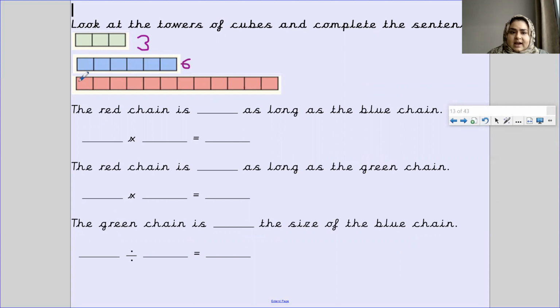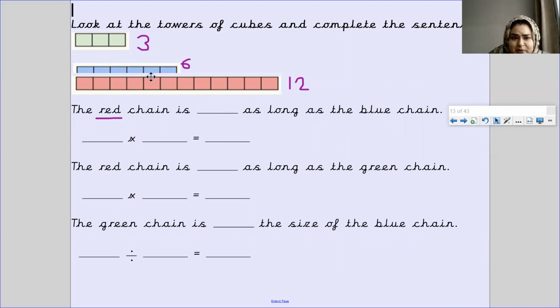The red tower has 1, 2, 3, 4, 5, 6, 7, 8, 9, 10, 11, 12 cubes. This is just to help you see how many cubes are in each. It says here the red chain is something as long as the blue chain. What do you think the missing word is?